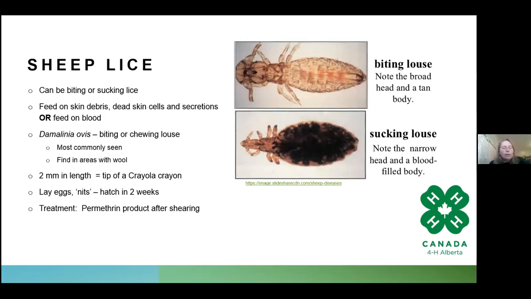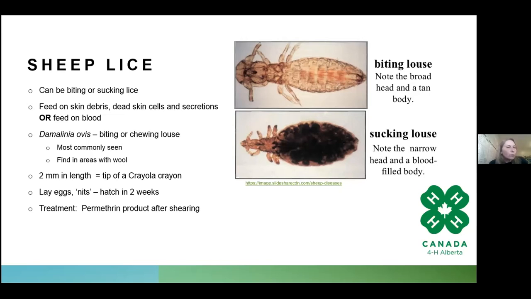If you take the tip of a Crayola crayon, that's about 2 millimeters in size. The biting or chewing louse is going to be where the wool is. There are different kinds of sucking lice that will go on the face and onto the legs, but most of the ones we are going to see are going to be in areas with wool.